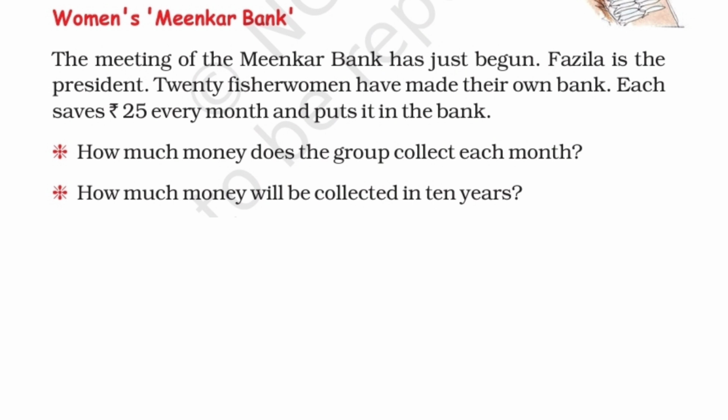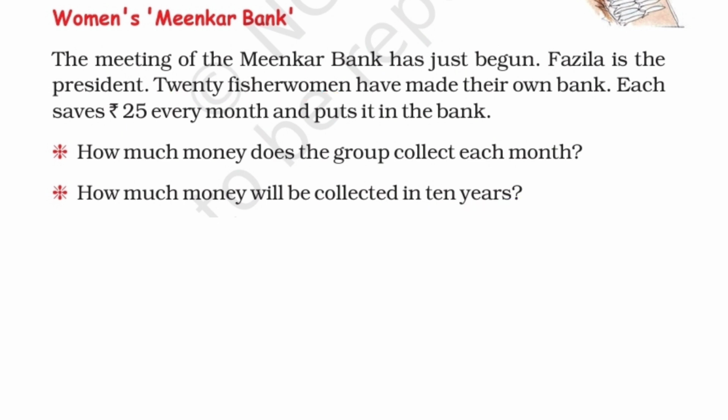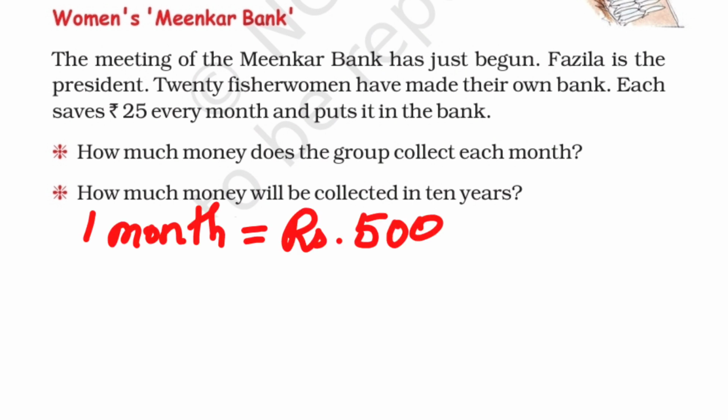So the next question, how much money will be collected in 10 years? So there are 20 fisherwomen putting 25 every month, and now they are asking how much money will be collected in 10 years. So in 1 month the fisherwomen have collected rupees 500. So let's find for 1 year.